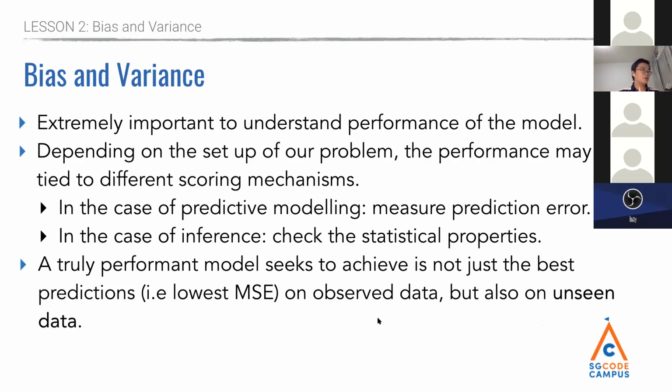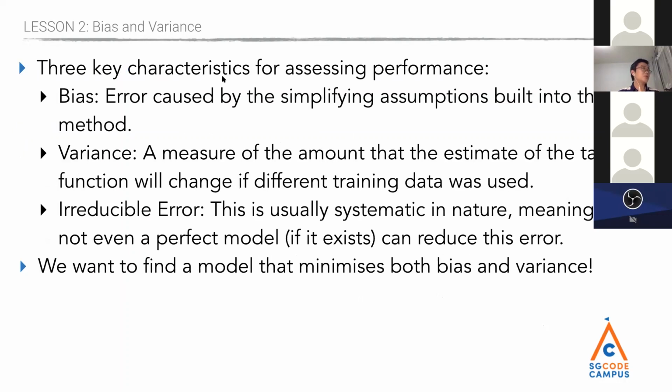Also bias means error caused by simplifying assumptions. So when a model gets simplified, it will have more bias, and when a model gets more complicated, it will have higher variance. Also there are irreducible errors. That is the epsilon I have just mentioned, which is noise that is unavoidable by nature. So we want to find a model that minimizes both bias and variance.